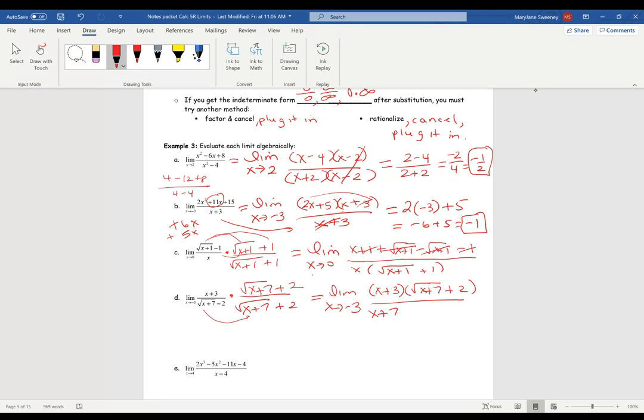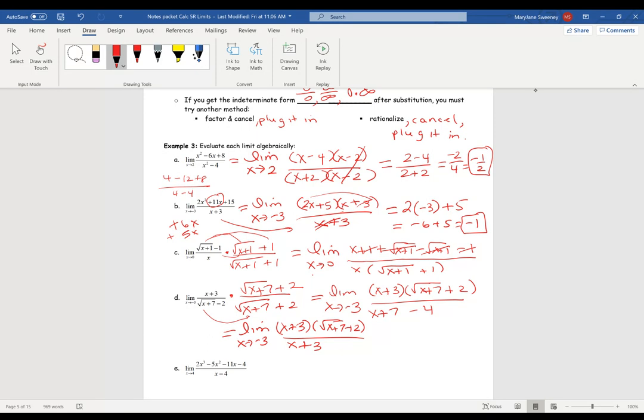Outers, inners are going to cancel. Lasts give me -4. Okay, got x plus 3 times square root of x plus 7 plus 2 over, now on the bottom I have x plus 3. So that's exactly why I don't cancel.